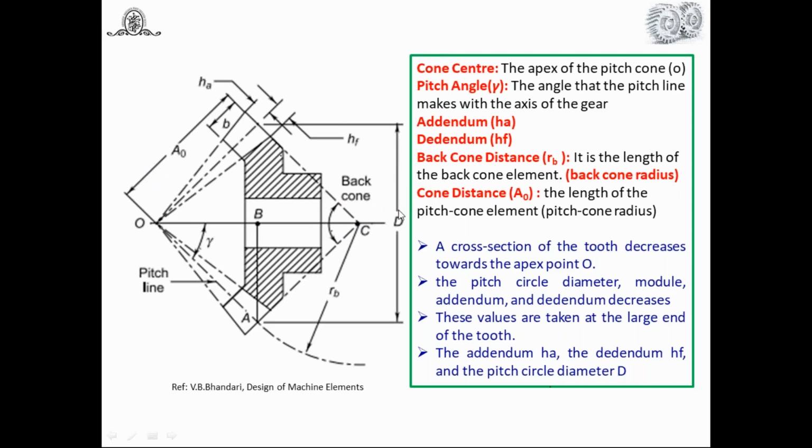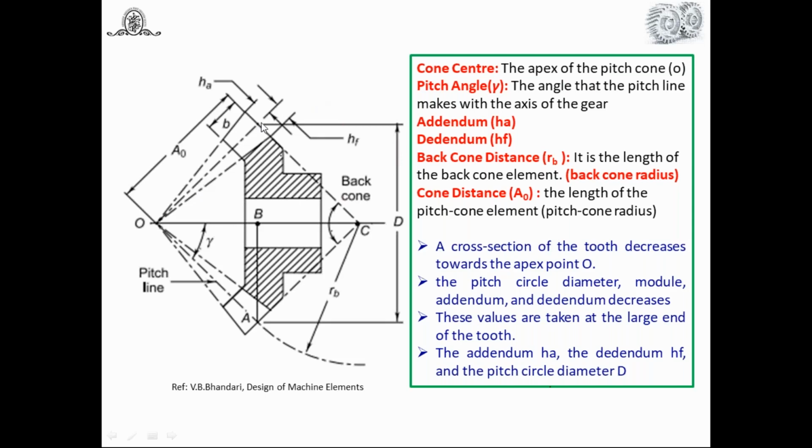And look at this. Capital D is the PCD of the bevel gear. How? Look at this, from this pitch line up to this pitch line. Again here a question may arise in your mind. Towards this apex, the cross section of the gear decreases.